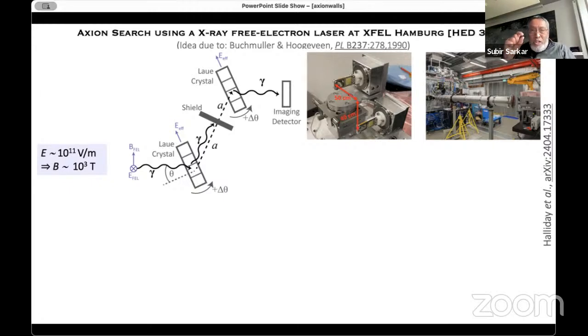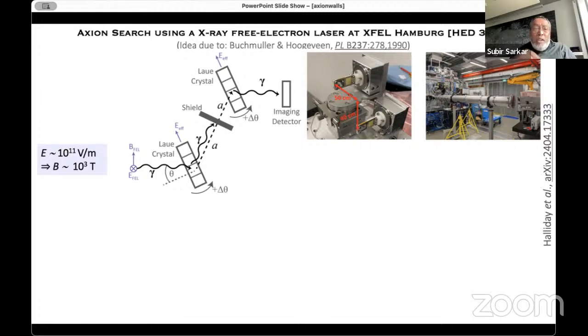And although the crystal is very small, only a few hundred microns, the product of the equivalent magnetic field and the length through which the light will traverse is competitive with the much bigger experiments that have huge expensive magnets. So the idea is that you send a photon, in this case from a free electron laser, into the crystal where it undergoes internal reflection.